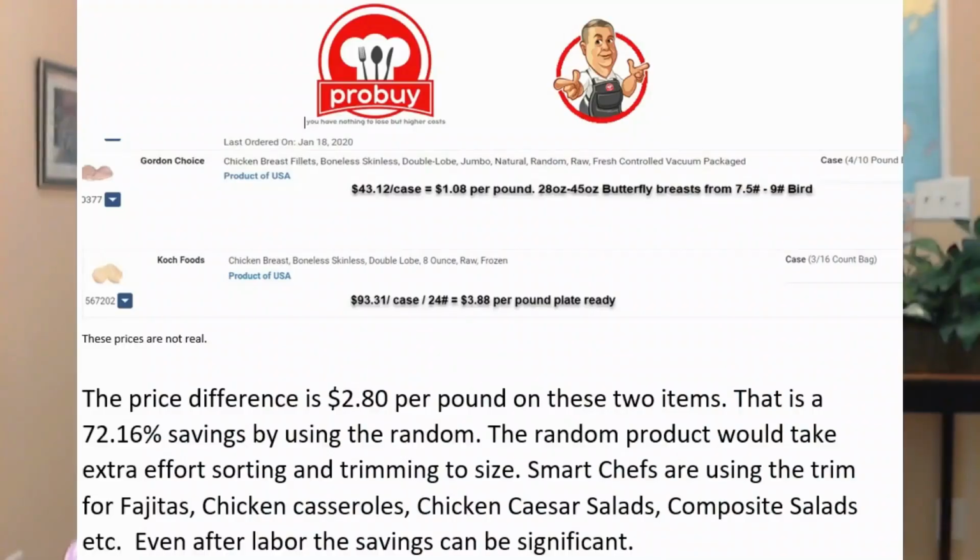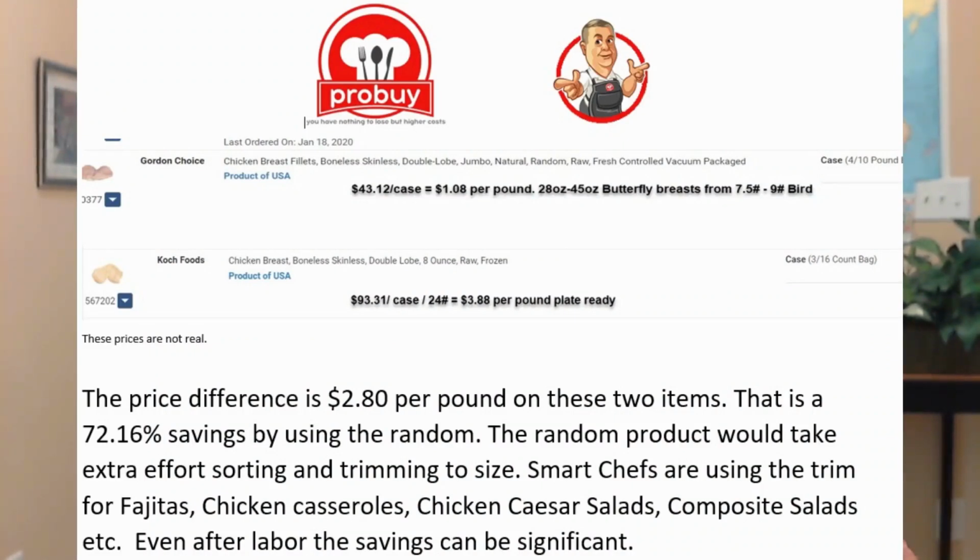Some operators are willing to size it themselves, as you're going to see. We deal with Gordon, our program supplier for ProBuy. That's a whole other story. First of all, you're going to see some prices. These prices are not real.